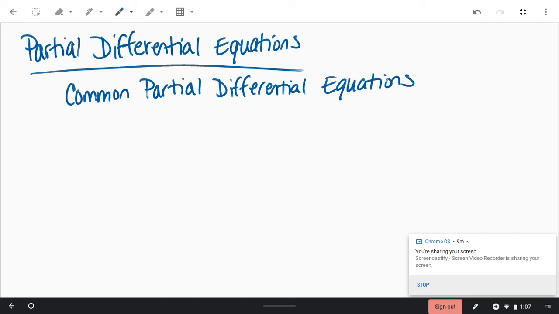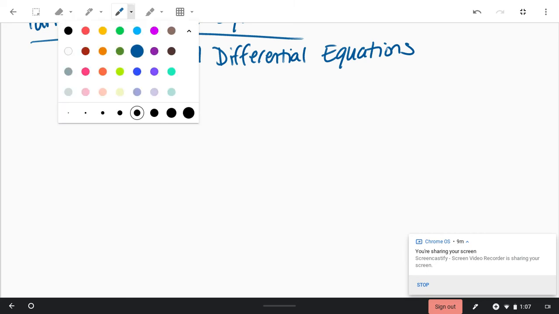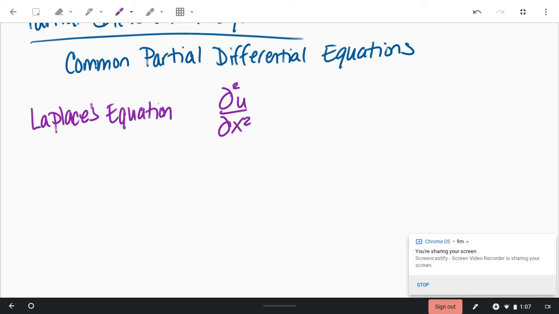So there are a few common partial differential equations that are used in very advanced math classes. You're not going to have to come up with these yet or anything like that, but Laplace's theorem or equation.